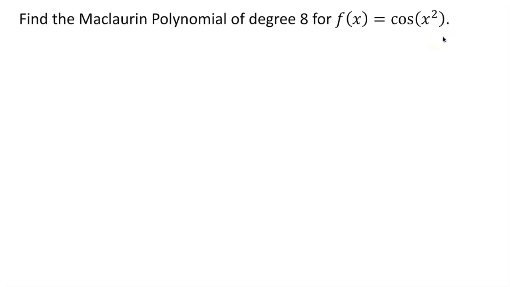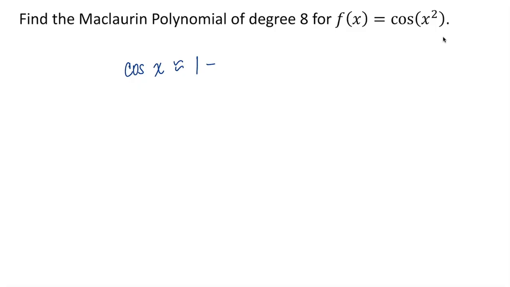What we are supposed to do is have the Maclaurin polynomial for cosine in our back pocket. We should have that memorized. So we're going to start by remembering that cosine x is approximately its Taylor polynomial, which starts with 1 because cosine starts at 1. And then it's the even exponents here.